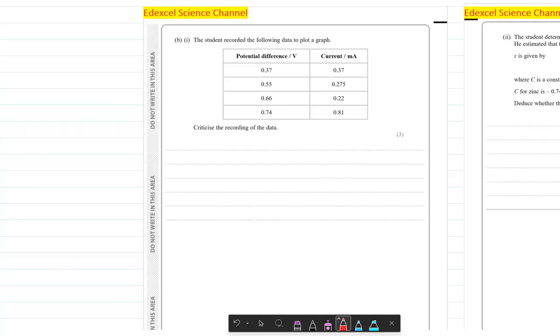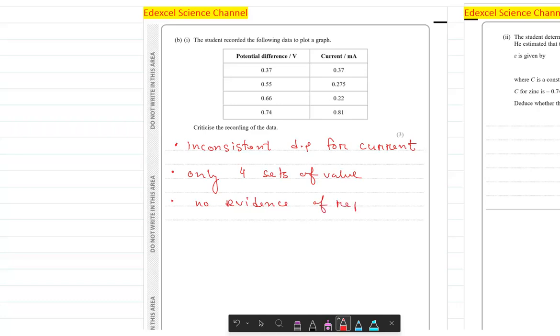So let me now write the answers. My first answer is inconsistent decimal places for current, and then only 4 sets of values. Another point is that there is no evidence of repeat readings.